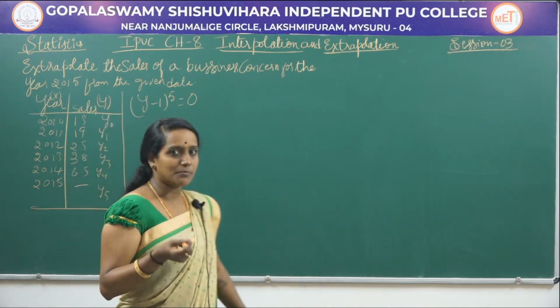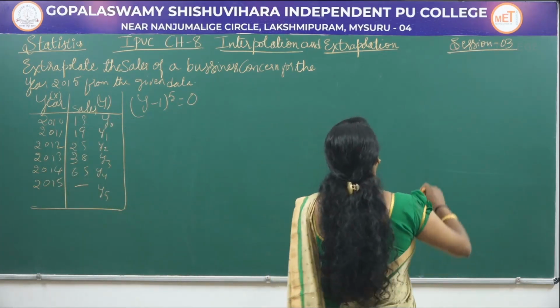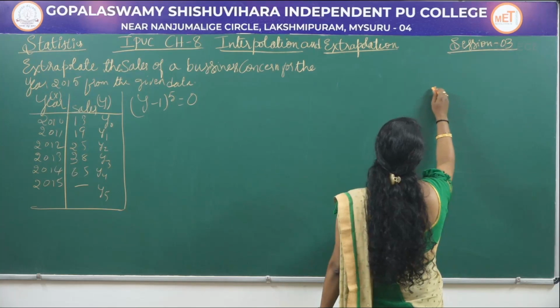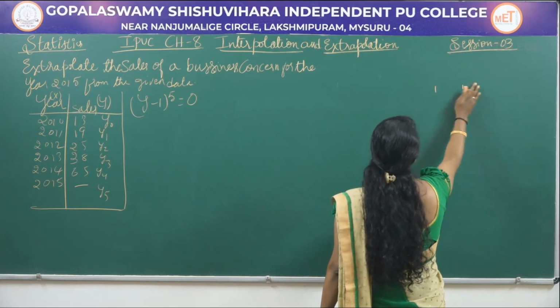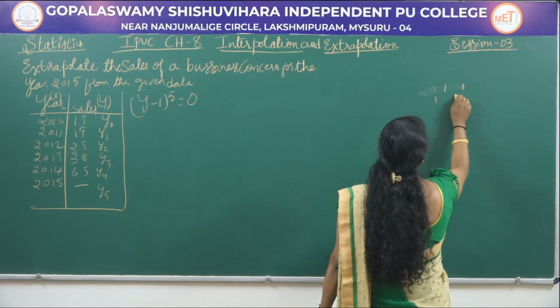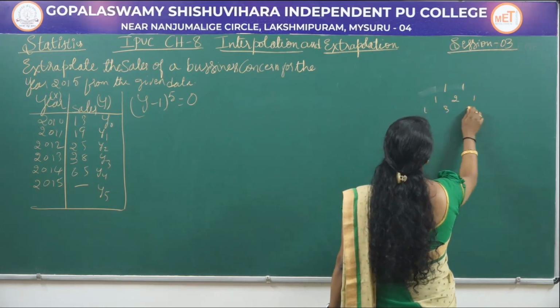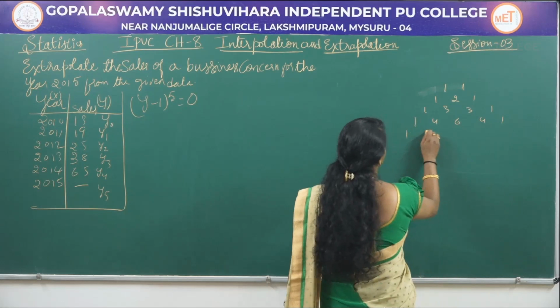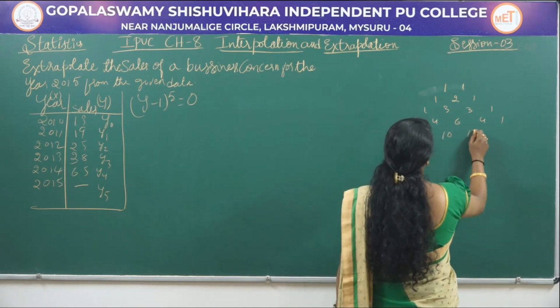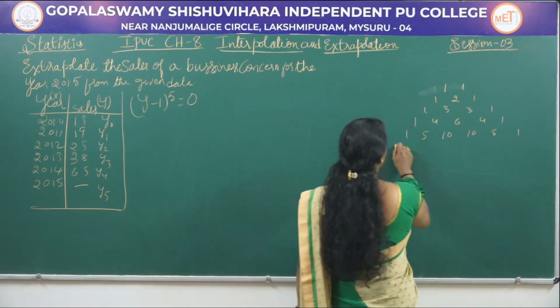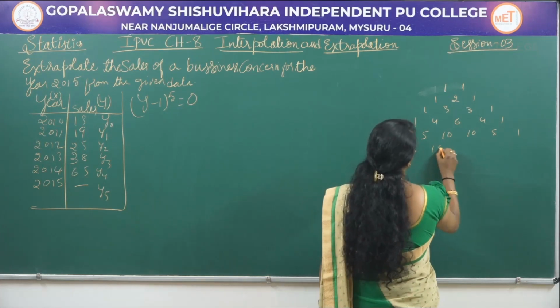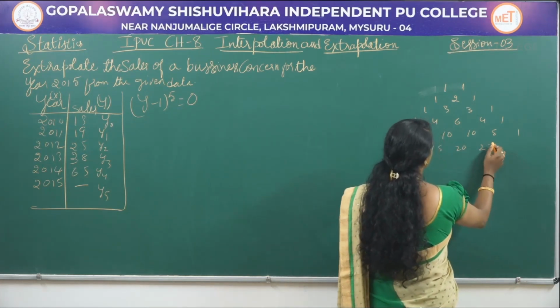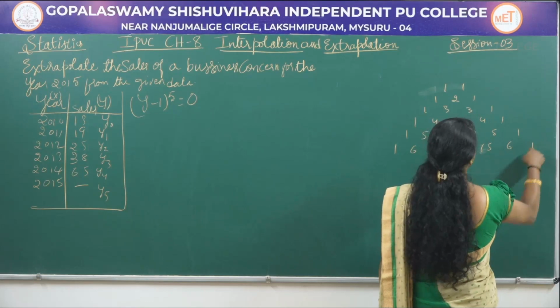First, let me write the Pascal triangle. Let us recall this for different n values. It is 1, 1; 1, 2, 1; 1, 3, 3, 1; 1, 4, 6, 4, 1; 1, 5, 10, 10, 5, 1; 1, 6, 15, 20, 15, 6, 1.